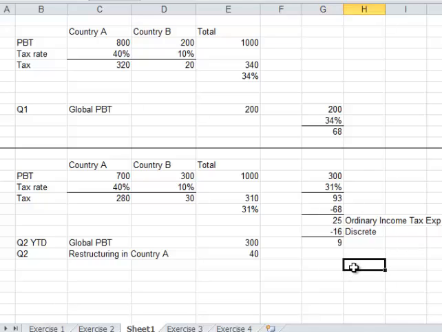My PBT for Q2, what shows up on the 10Q, is going to be the year-to-date PBT of 300 minus my Q1 PBT of 200 minus my one-time expense, or my discrete non-ordinary item, of 40. So it's 60.